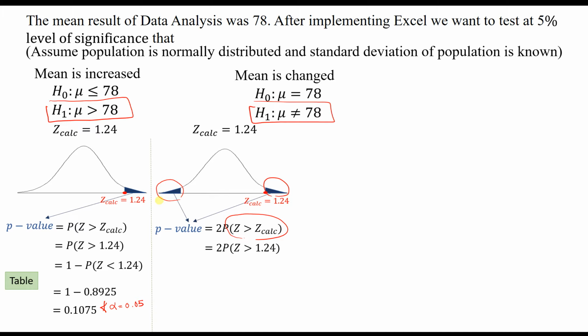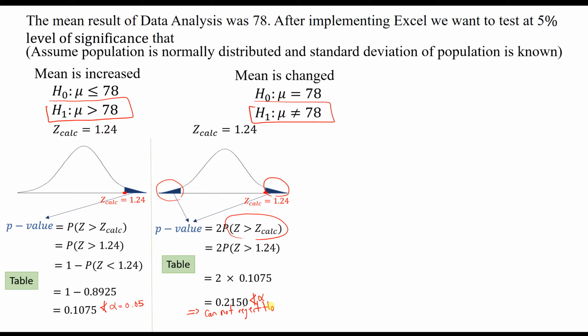We just calculated the probability of Z greater than 1.24, which is 0.1075. And 2 times that is 0.2150. So this one again is not less than alpha, so we cannot reject H0, and it means that the mean result is not changed significantly.